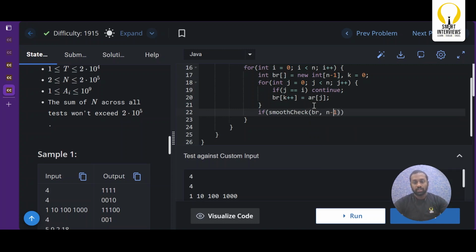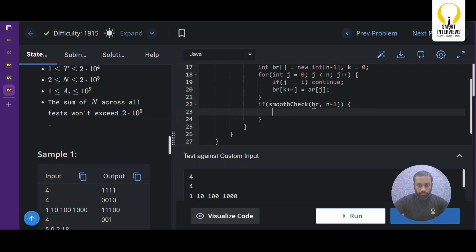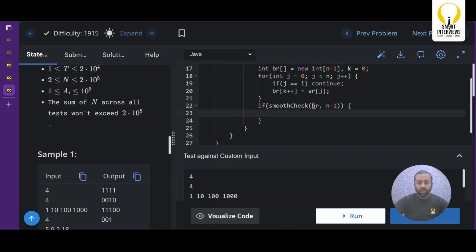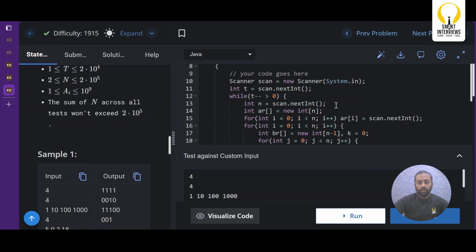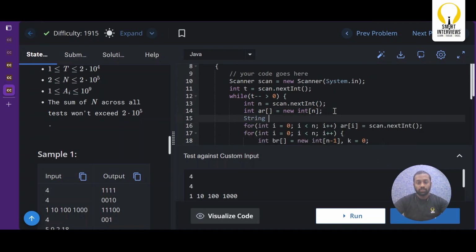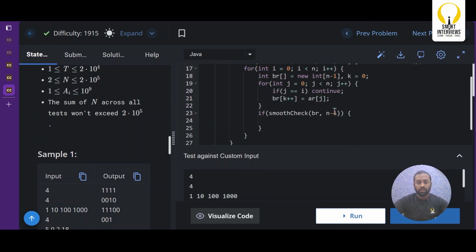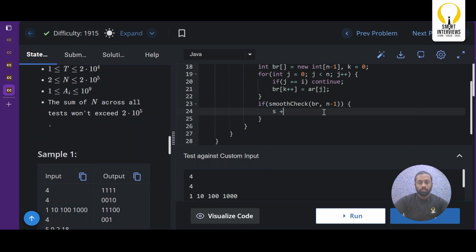These two are sufficient to find out if the given array is smooth or not. If it is smooth, then I need to append 1 to the answer. Since it is a binary string, let's take s plus equal to 1 if smooth check returns valid, else if it returns invalid, then s plus equal to 0.